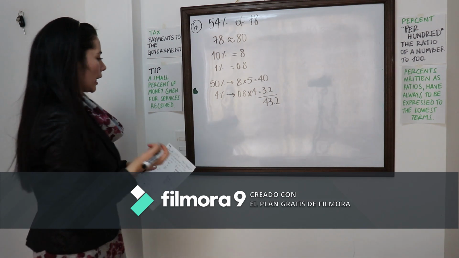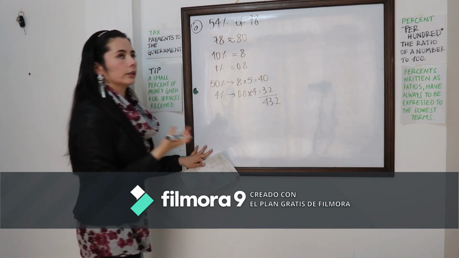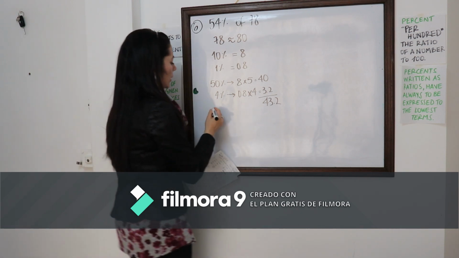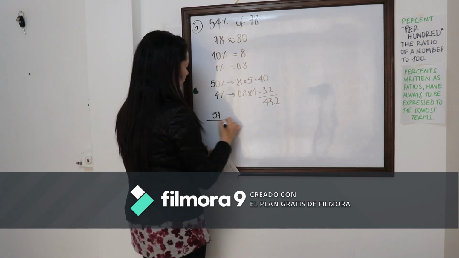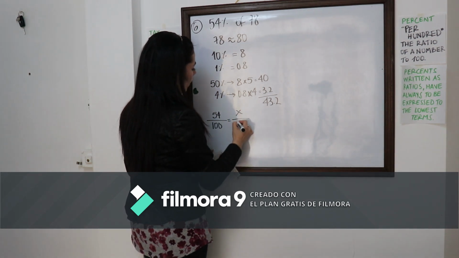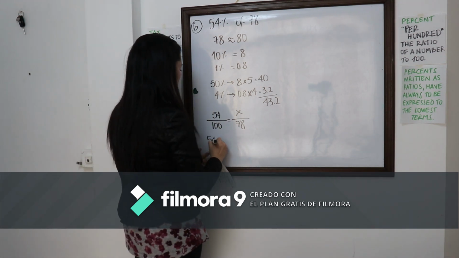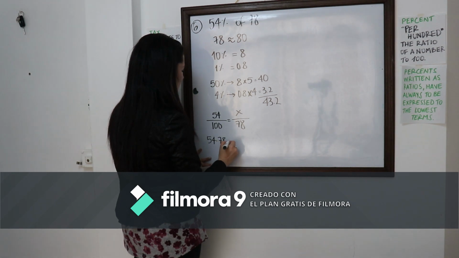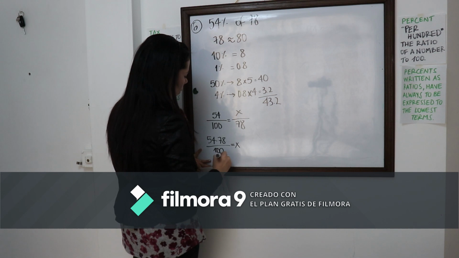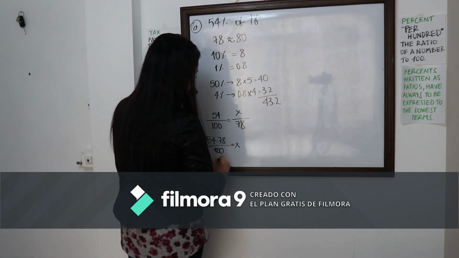Now, if I check on the actual value, then I'm gonna get the proportion done, right? So I know 54 out of 100 is equivalent to, we don't know what, of 78. So we know that would be 54 times 78 divided into 100 equals X, which in my count is 4212.